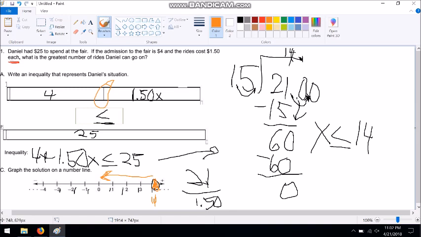So to review real quick, what we did today is we created an inequality from a word problem. We looked first for what our total was to put it in our bottom box because that's the easiest number to identify.